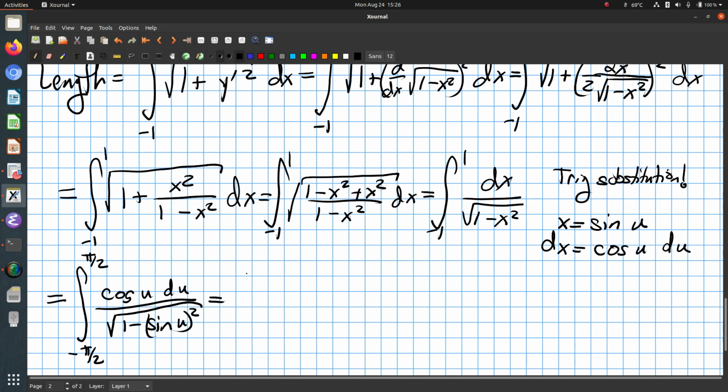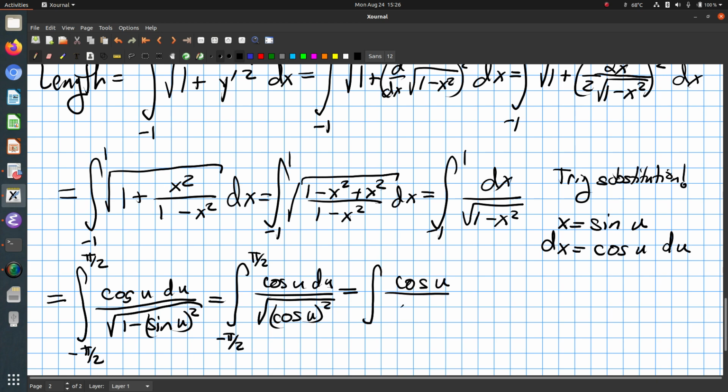And the Pythagorean identity comes to the rescue. Because this is cosine u squared, and I'm taking the square root of it. You'll notice cosine is positive on this whole interval from minus pi over 2 to pi over 2. So there's no problems with that.